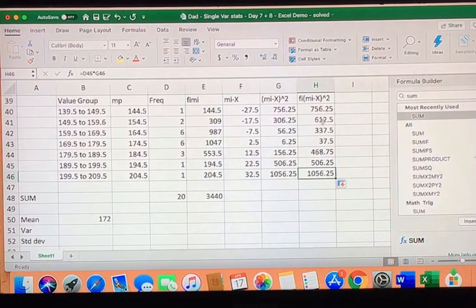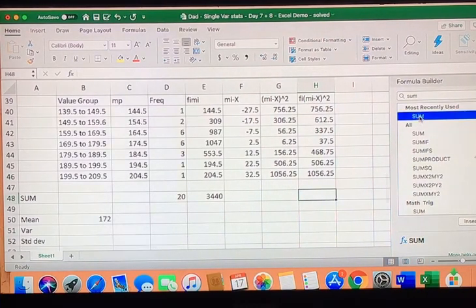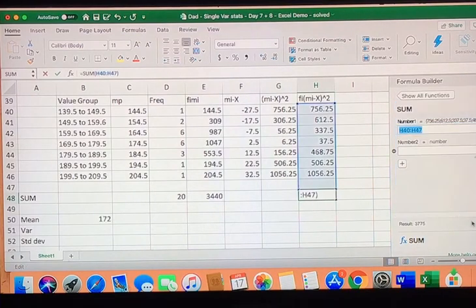Okay, now I'm at the point where I can sum it all up. This is going to be the numerator of your variance, and then the numerator of your standard deviation after we square root it, or before we square root it. So I want to sum this up here, so I go sum, pick my sum function, I insert it, and I say I want to add up all of these guys.